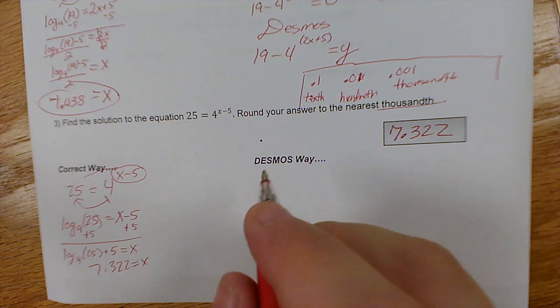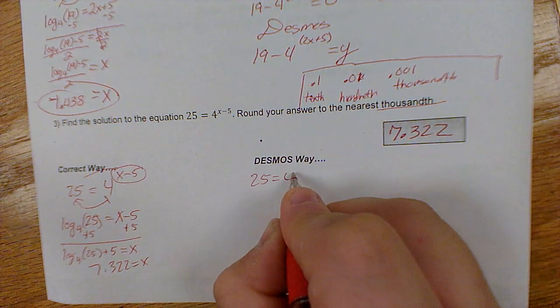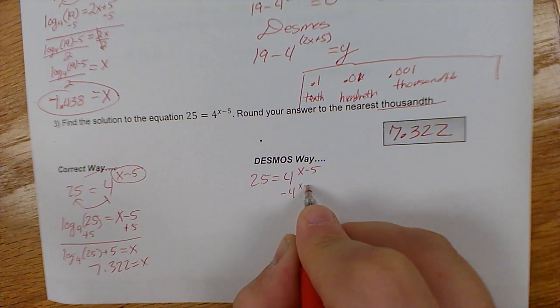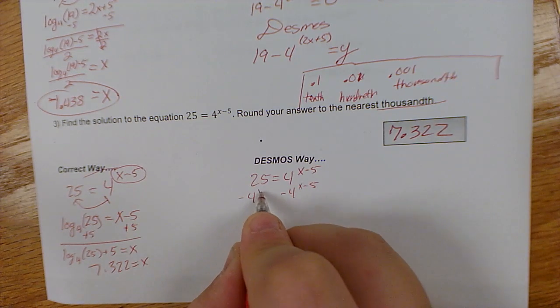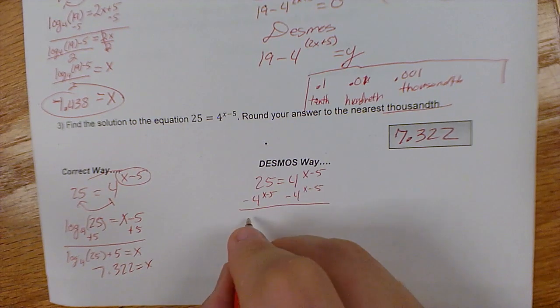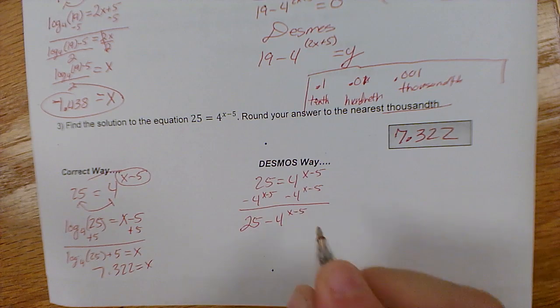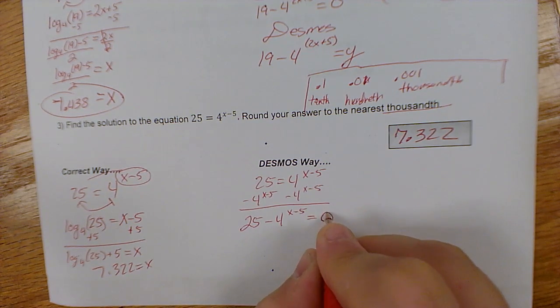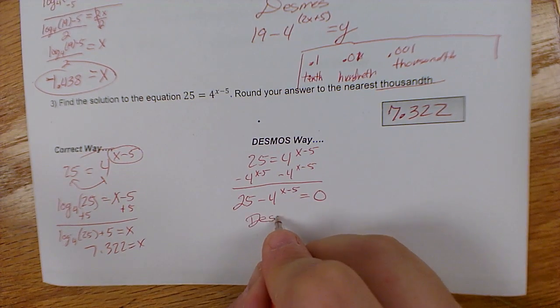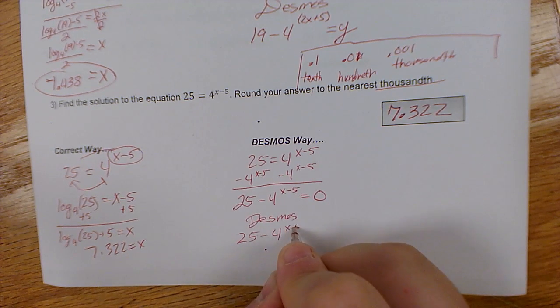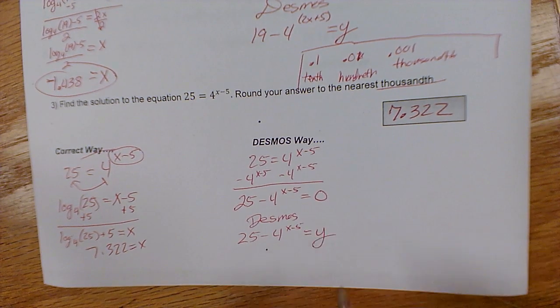Once again, with the Desmos way, we'll subtract one of the sides. So we have 25 minus 4 to the x minus 5 power is equal to 0. So in good old Desmos, we put 25 minus 4 to the x minus 5 is equal to y.